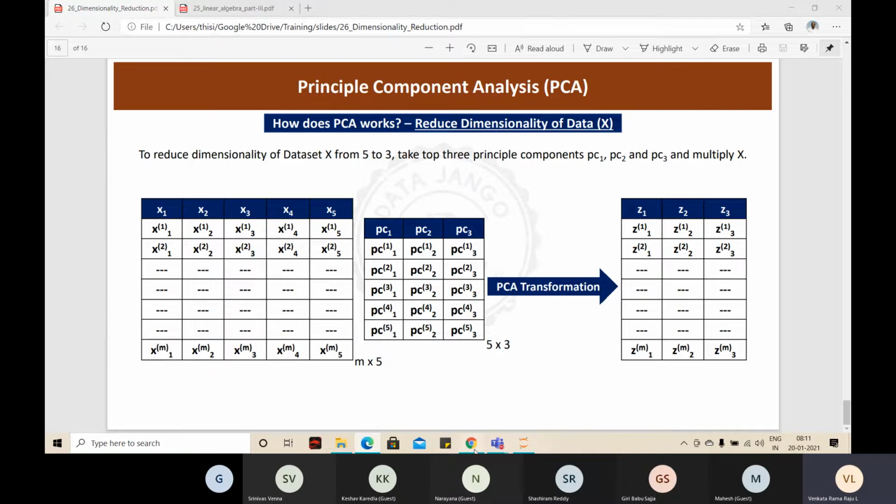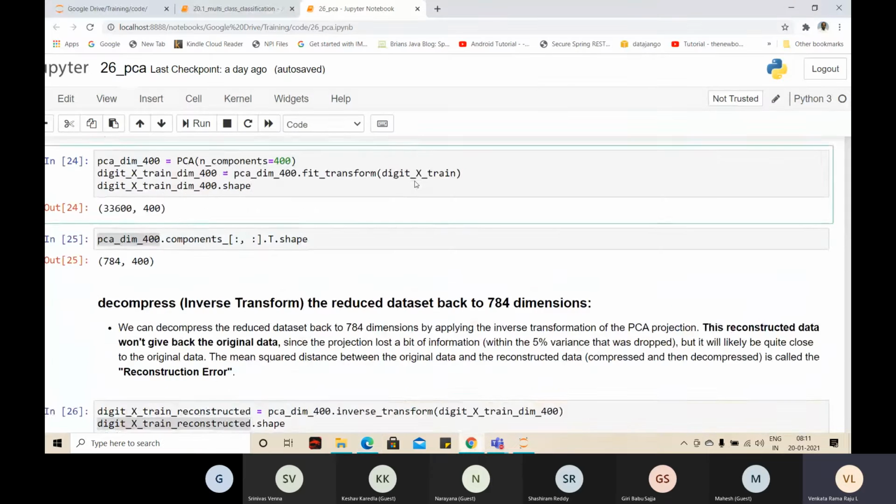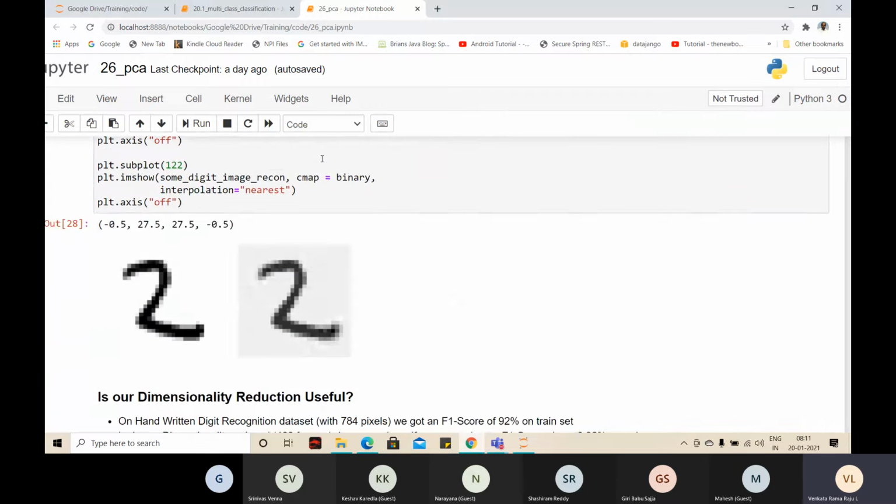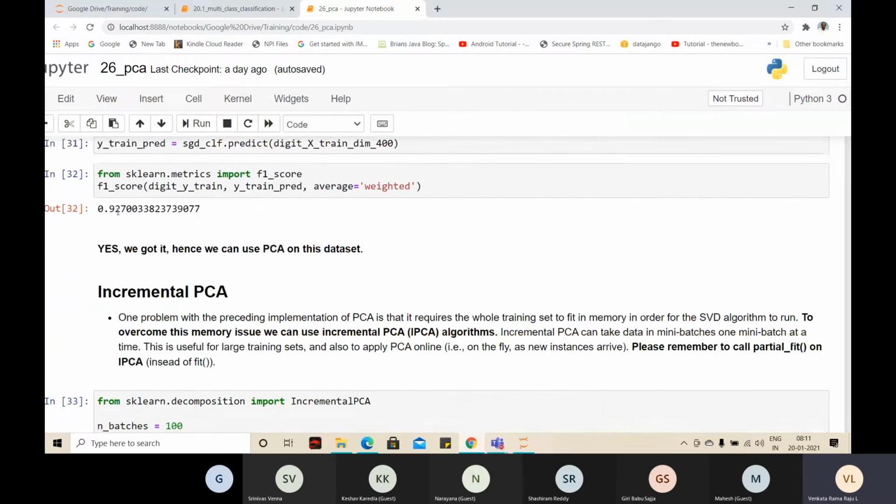I say may, because you see here on this data set, when I reduce the dimensionality, we are still getting 92% accuracy. That means PCA is useful on this handwritten digits data set, the MNIST data set. But on another data set, the original model may give 95% accuracy, and after applying PCA you may get 80% accuracy. There it is not useful. It's a pre-processing technique.